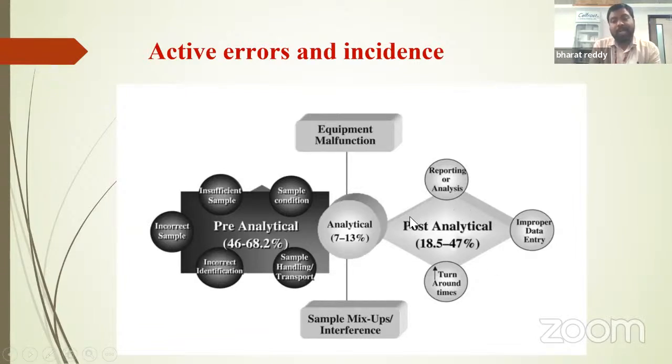Post-analytical errors constitute reporting or analysis, improper data entry, and turnaround time. This turnaround time is most important. Why? Because when we give the report after a long time, it is also considered an error.